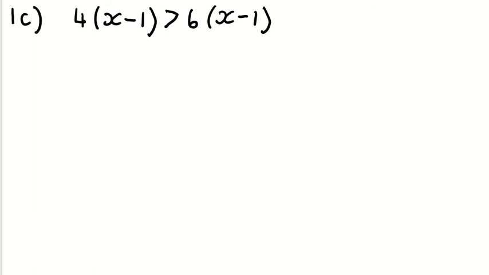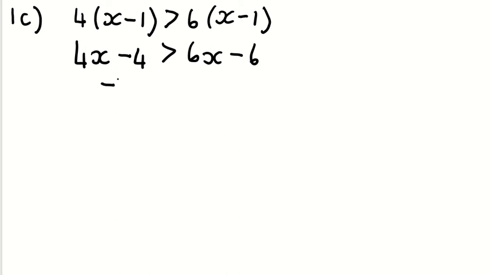Next one. We first have to get rid of those brackets. So I'm going to multiply in. It's going to then be 4x minus 4 bigger than 6x minus 6. Okay. So then I have to get my x's on the one side. I take the 6x over and it becomes minus 6x.